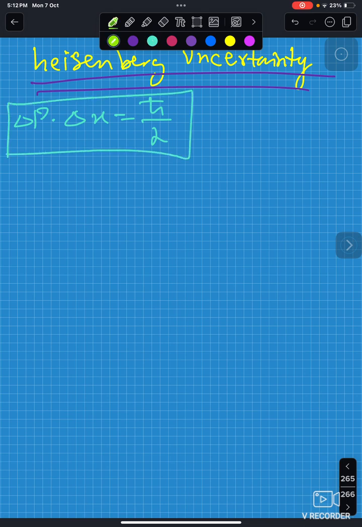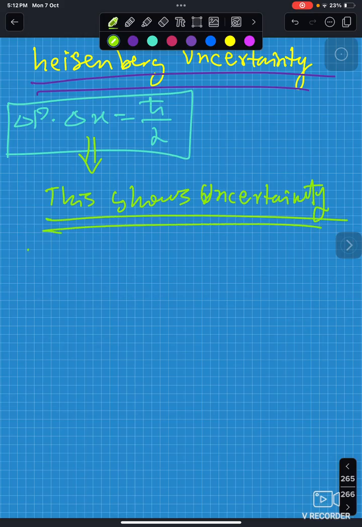This main equation is the best of them all because this shows uncertainty, oh sorry, t, can't know each. I'll not make the mistake as common people do.